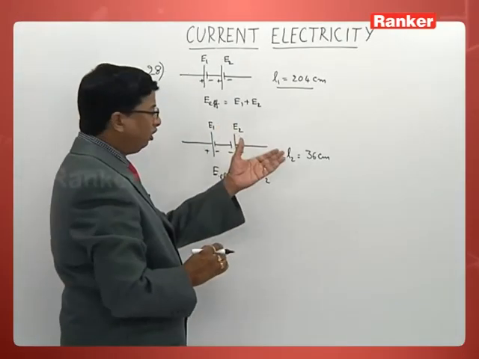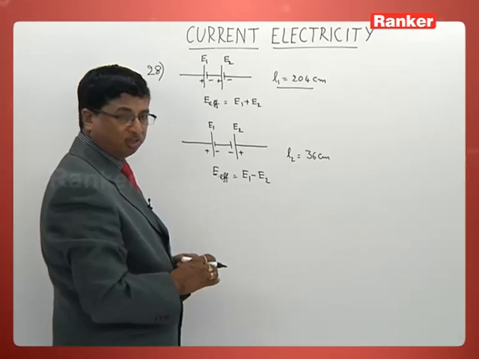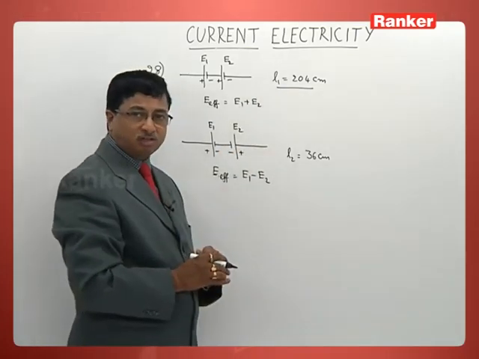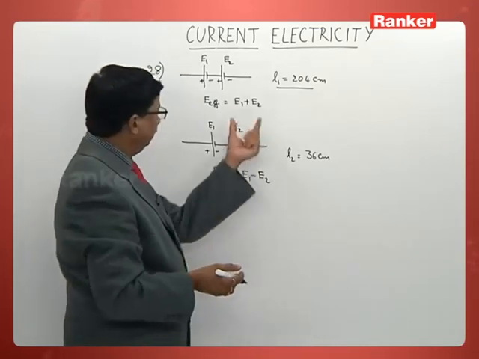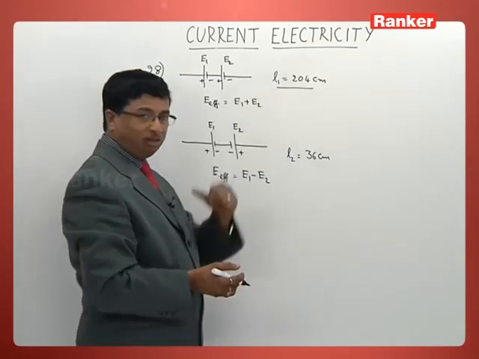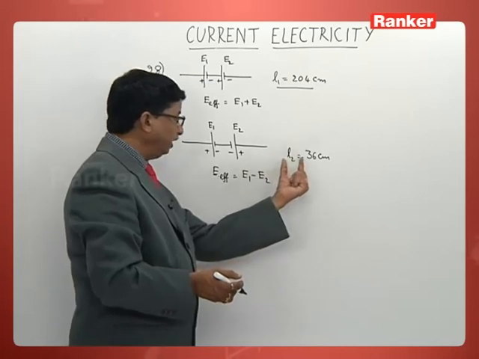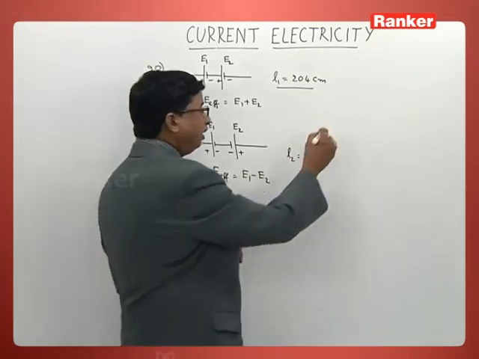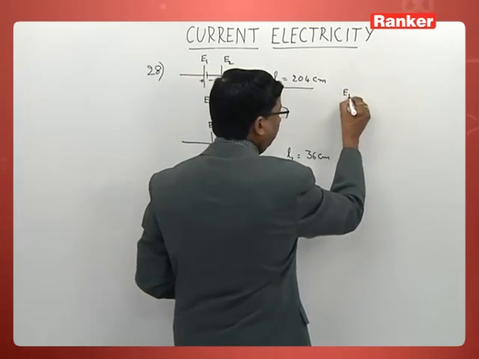So according to the principle of potentiometer, the potential gradient should be constant. So what do you mean by that? E1 plus E2 by L1, E1 minus E2 by L2 are supposed to be equal. In other words, I write the same this way.